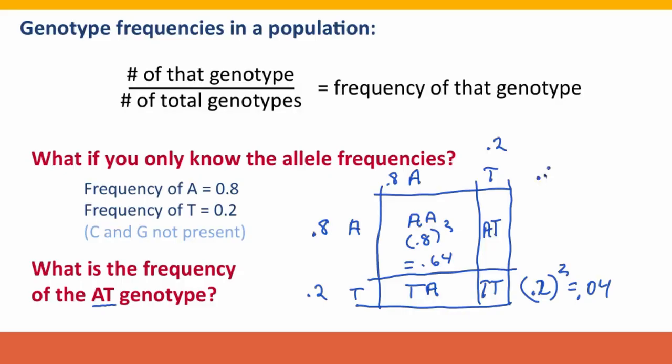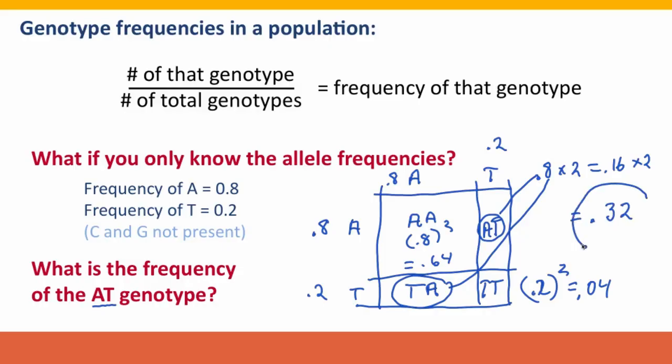So it's 0.8 times 0.2 equals 0.16 for this one and for this one. So now we've got two occurrences of this genotype. They're just written in different orders, but it's the same genotype. So we're going to multiply this number by 2 to get 0.32. That's the frequency of the AT genotype.